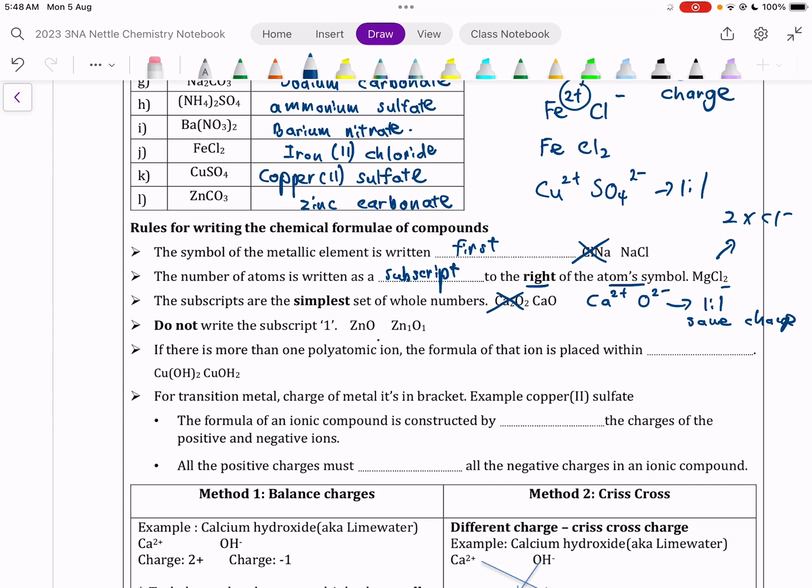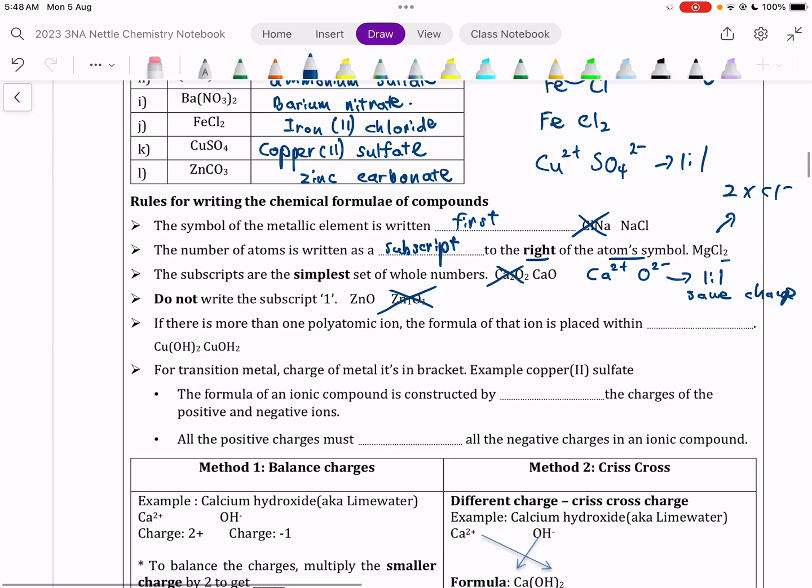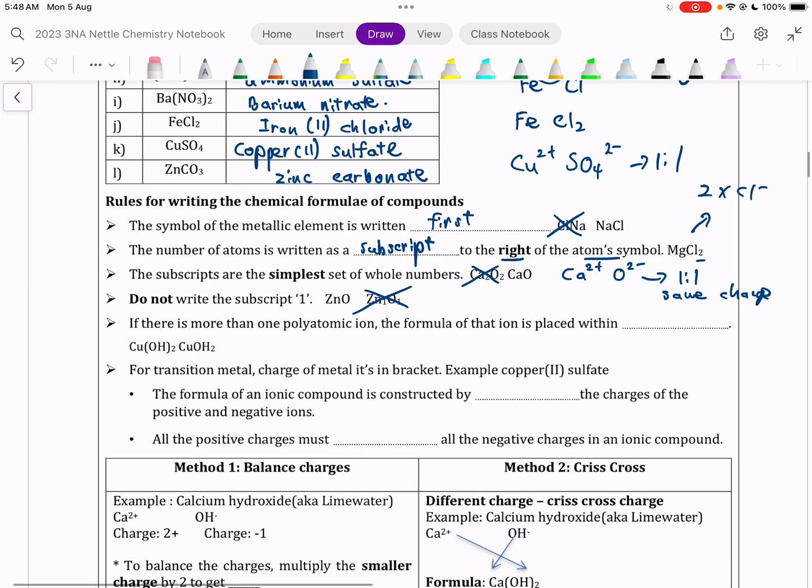Then if it's 1, you don't need to write 1, just like algebra. If there's more than 1 polyatomic ion, the formula of that ion is placed within brackets. So not like this. This one is Cu2 plus, OH minus.